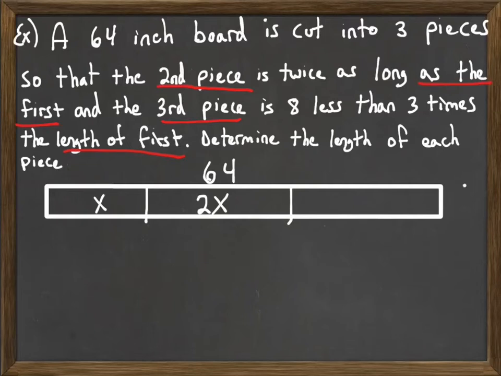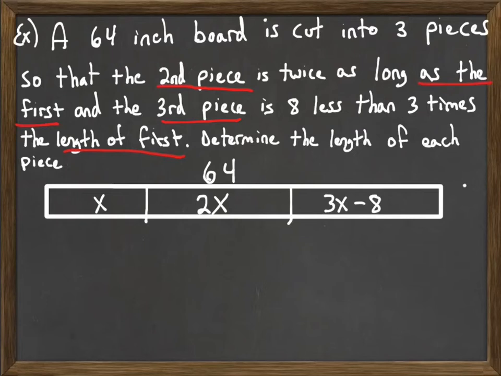Remember, less than is that backward subtraction. So 8 less than 3 times the first is 3x minus 8. At this point, we've worked out expressions for each of our 3 pieces, first, second, and third, all in the same variable, x.